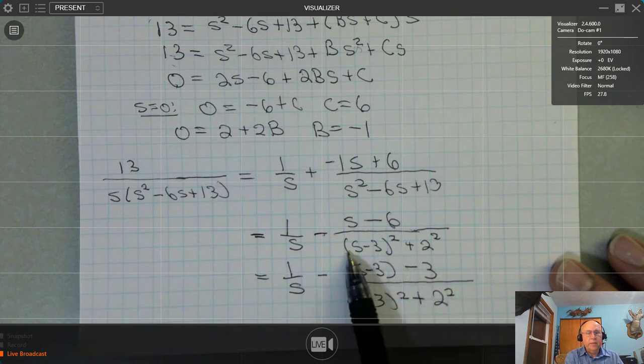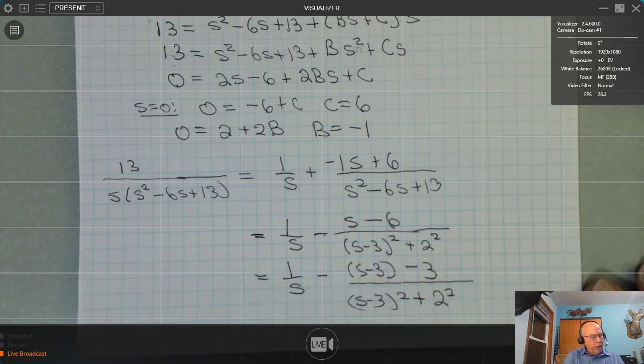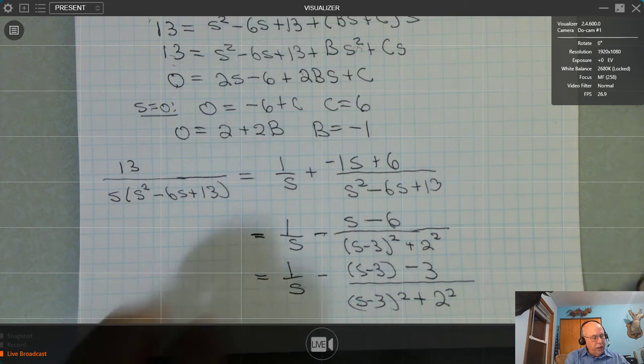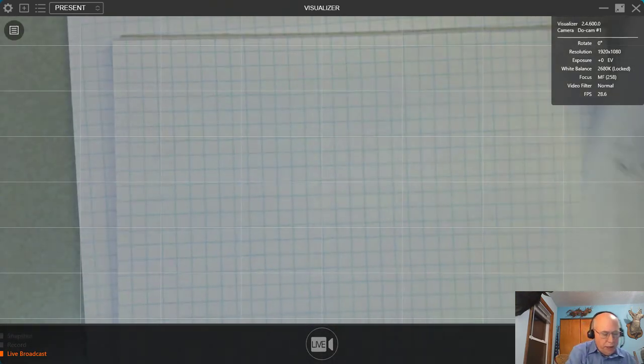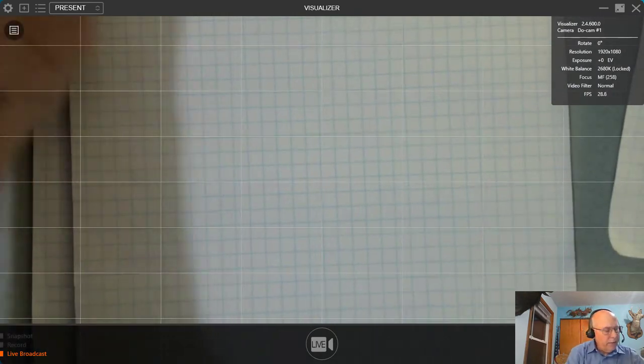Copying from here. Okay, so there's my function split, and split in a way that makes it relatively easy to do the inverse transform. So let's get this copied over to a new page, and we'll get on with the work.